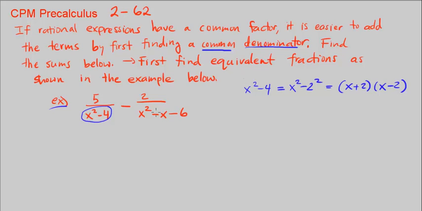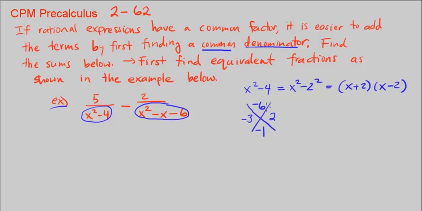Also, what do you see in this other denominator? Well, you can go ahead and use the x rule, I think this is what you call it. What numbers do you multiply to get negative 6 and add to get negative 1? Well, you can multiply negative 3 and positive 2.